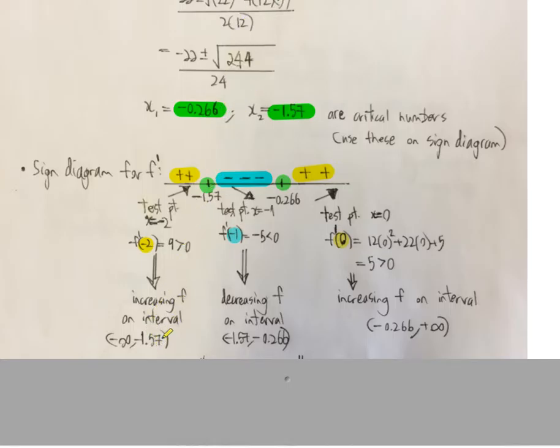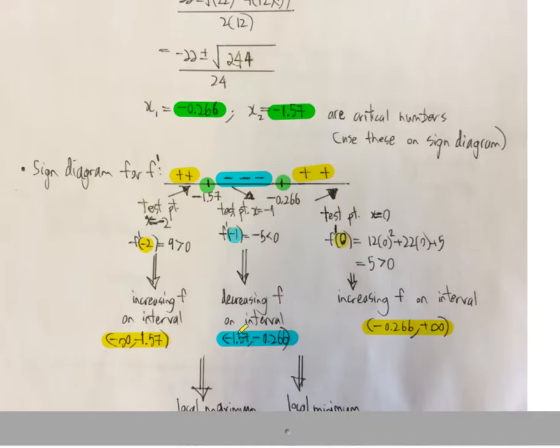So that's an interval of increase, as well as between -0.266 and +infinity. In that region, it's also increasing. And in this blue region in between, the original function is going downward. So that's an interval of decrease.